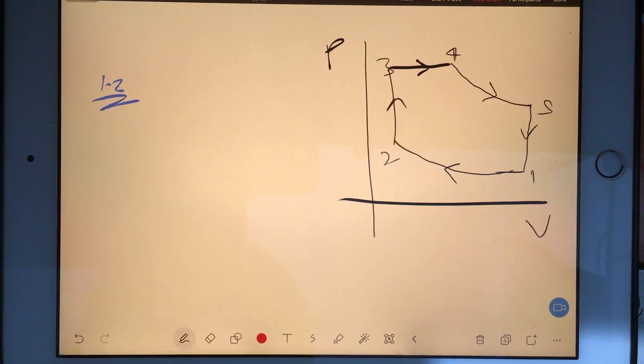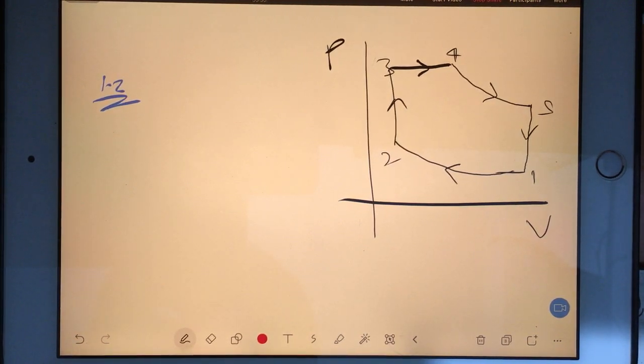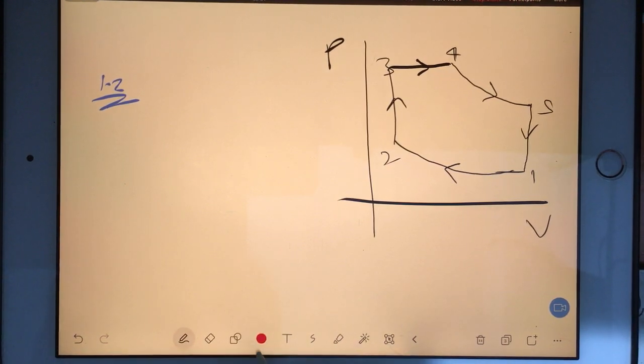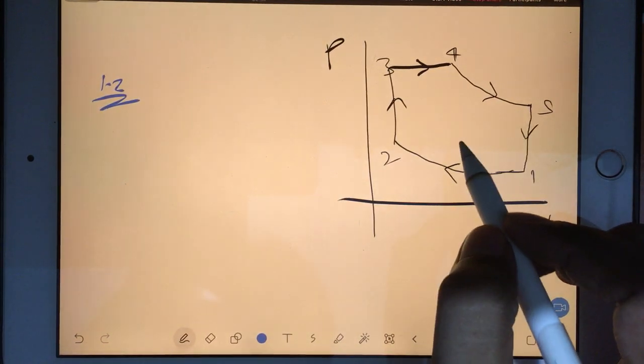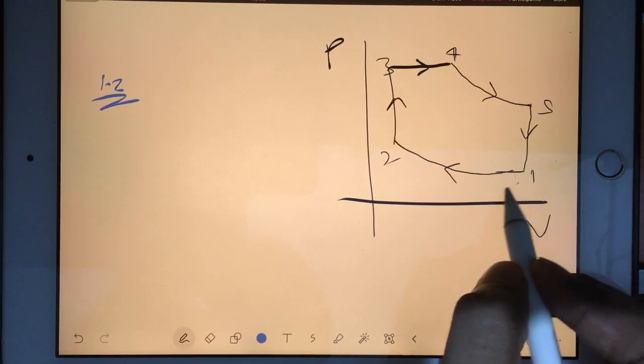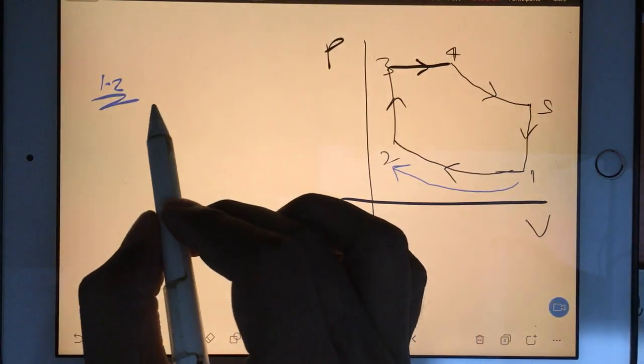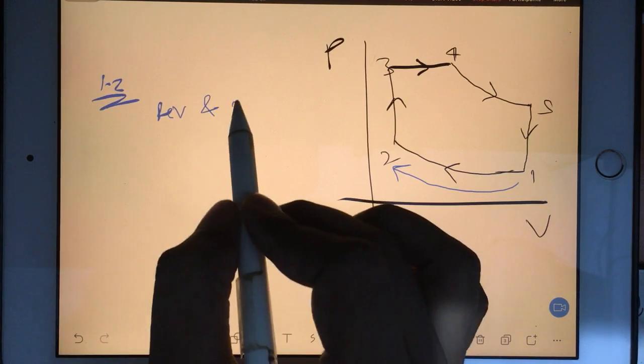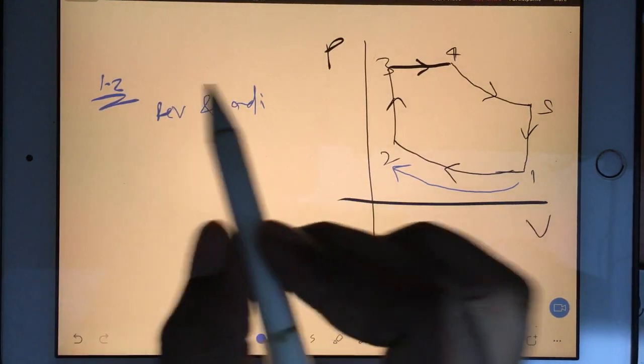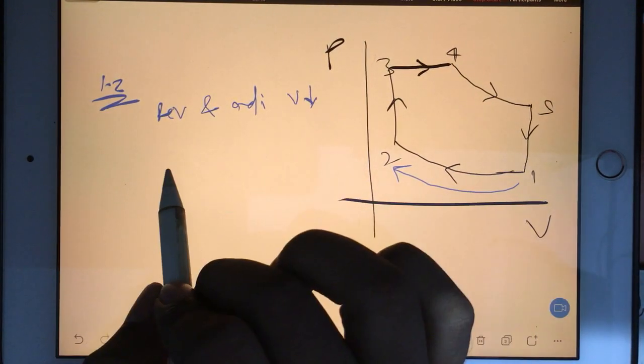No, this is not enough. Compression is sure. I want the complete name for the process. Try. Very good. Isentropic compression. Actually, why will you say isentropic compression? Because in 1 to 2, the cycle is reversible and adiabatic, and at the same time volume is decreasing.